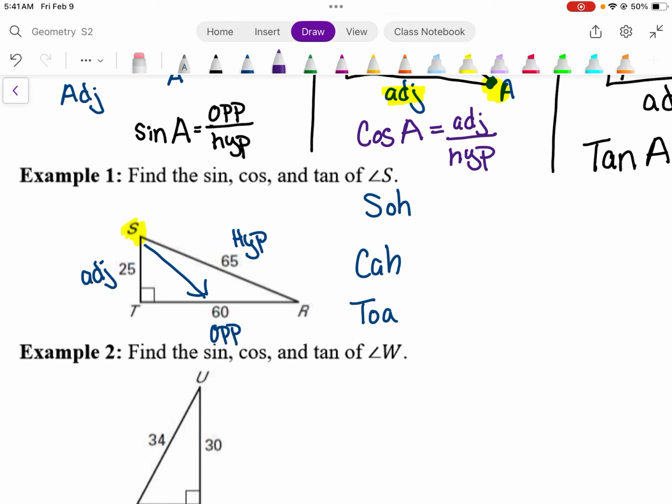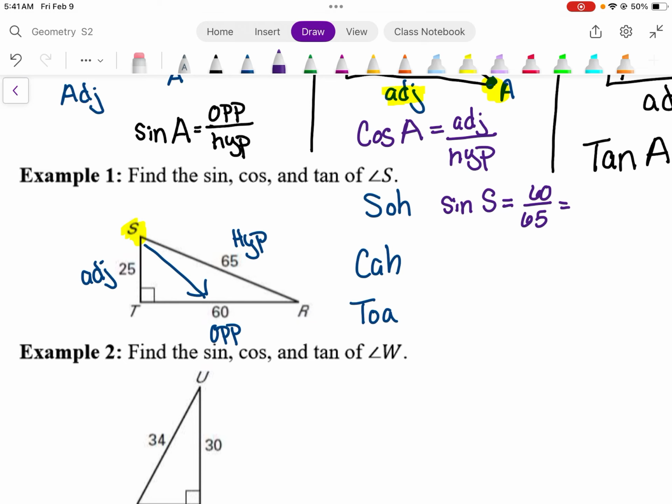If we start with sine, we would set it up as sine of angle S. So the angle letter changes depending on what the problem tells you to use. So we would do sine of S equals our opposite side of 60 over 65.